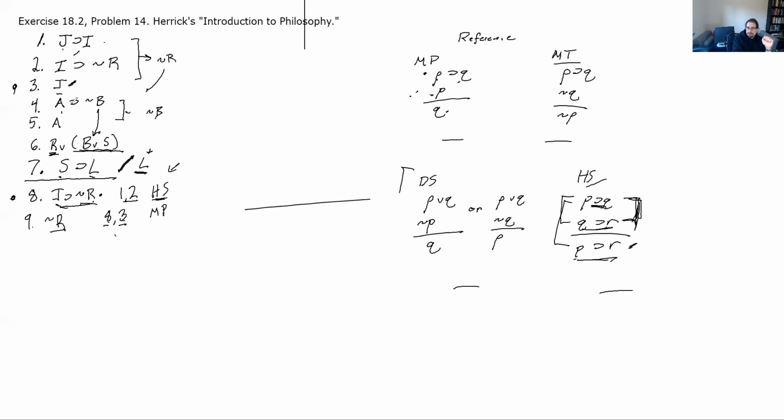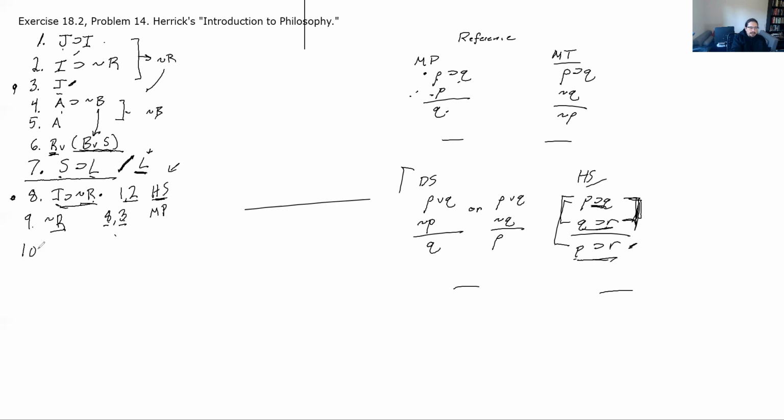There's nothing that prevents you from reusing a premise multiple times. And sometimes the premise will go unused. You just skip over it entirely. In fact, a lot of the problems at the beginning of this exercise set include unused premises, I think, just to help you exercise what it means to identify the premises that you do need.